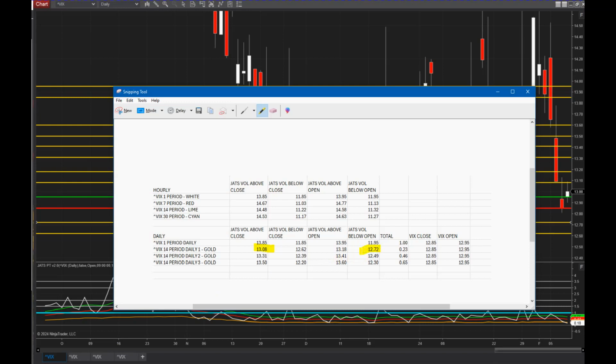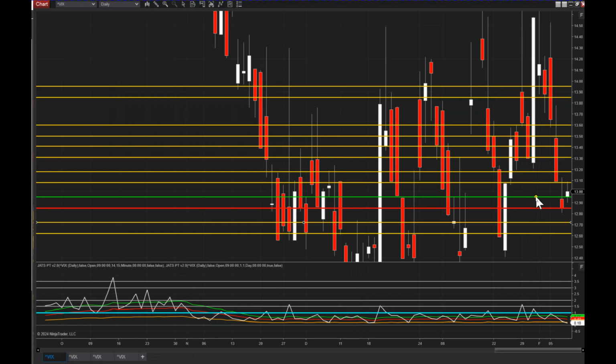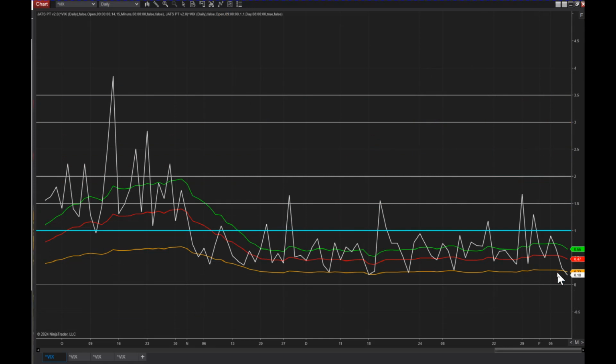So that is our first vol level of the 14 period daily 1 below the open. So if we do get a lower thrust, that's where we would expect to look for volatility to reach. And if we get a higher thrust, we can look to our volatility zones that our indicator has given us, matching our calculations for what we perceive to be these range opportunities.